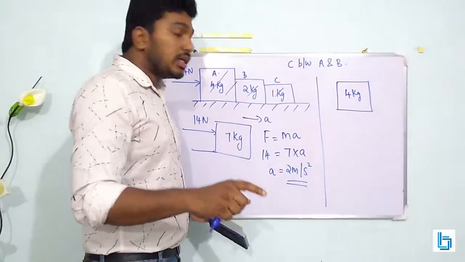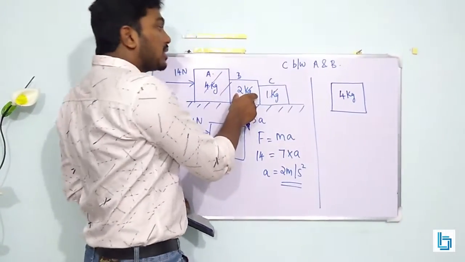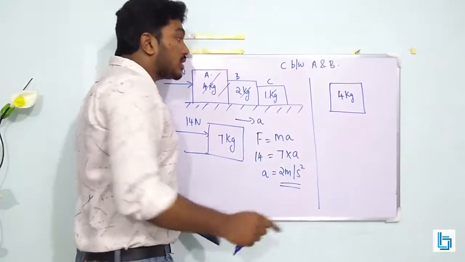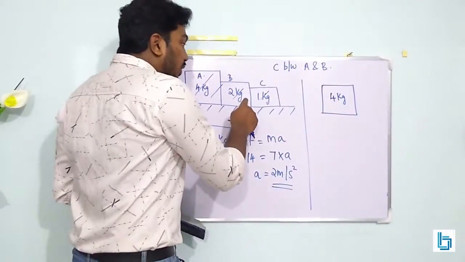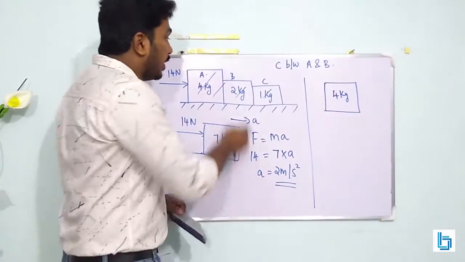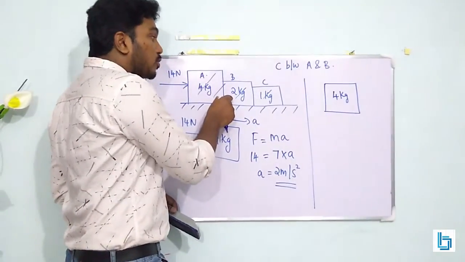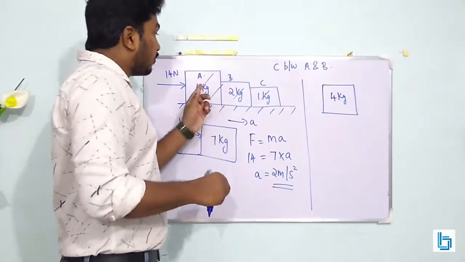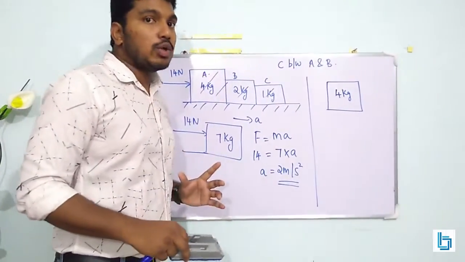But if you want to analyze the 2 kg mass, you will have to find out first the contact force between this 2 kg and 1 kg. Only then will you be able to find the contact force between A and B. So it will be easier to take the 4 kg mass first.